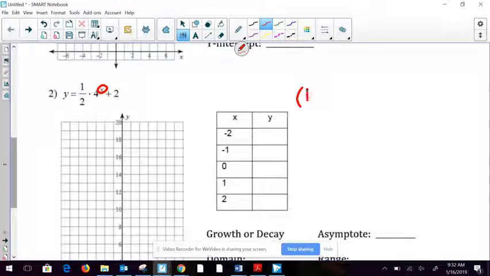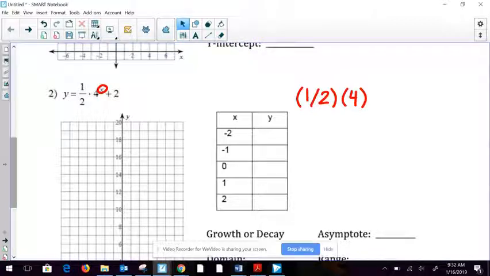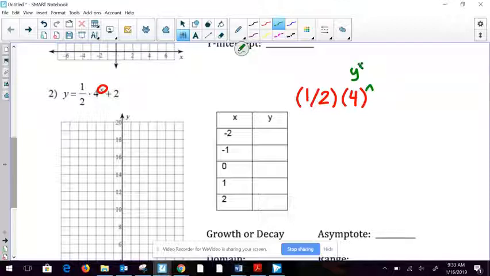So parenthesis 1 divided by 2, parenthesis. Then, when you go to the 4, you're going to do a new parenthesis, put a 4 parenthesis, and then that's where you need to hit your exponent key. Most of you have a caret like that. Some of you with the older models also have that y to the x button.